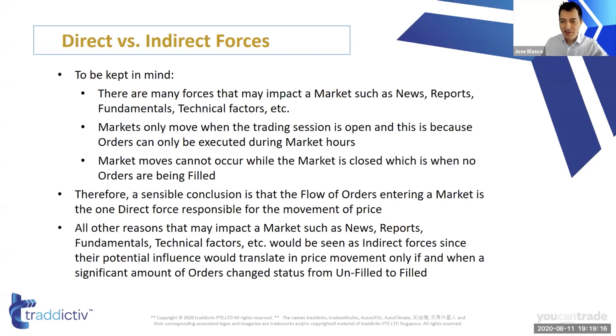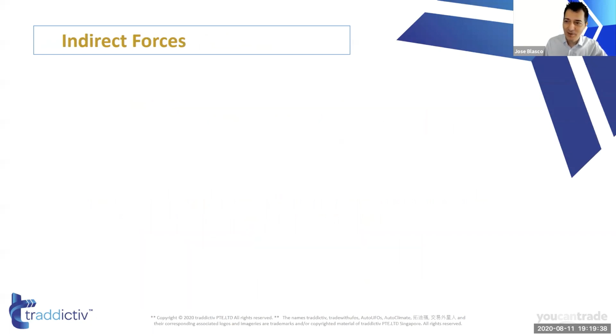So the idea is that in today's presentation we get a deeper understanding of both forces. We understand they are both important, but certainly, if I was to ask you what is more relevant, direct or indirect, I guess the word says it all. Direct forces are more relevant because without them nothing happens. Even if you have the indirect, if you don't have the direct, right?